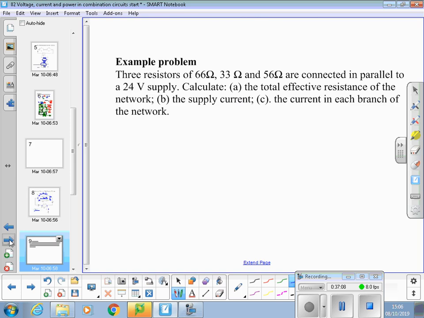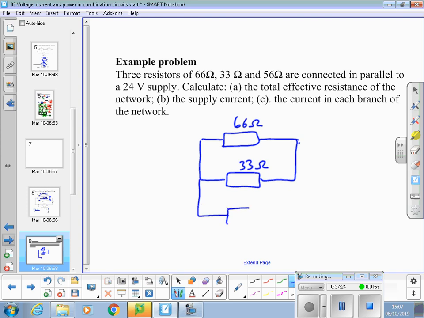Example problem. A 66 ohm, a 33, and a 56. See, doing it by ratios is all right when you've got easy numbers like 2, 3, and 4.